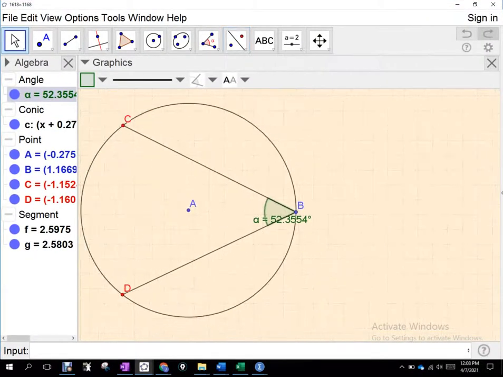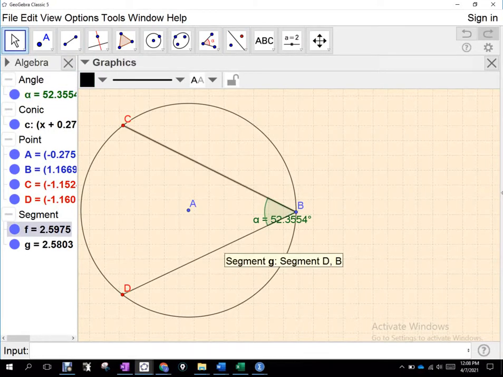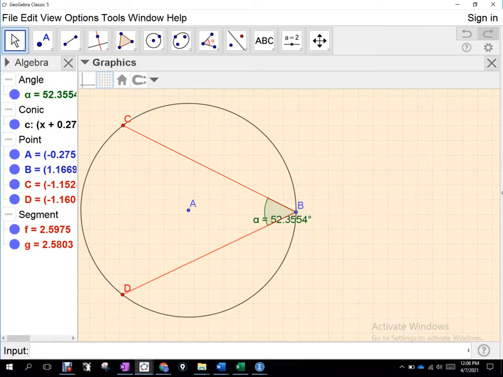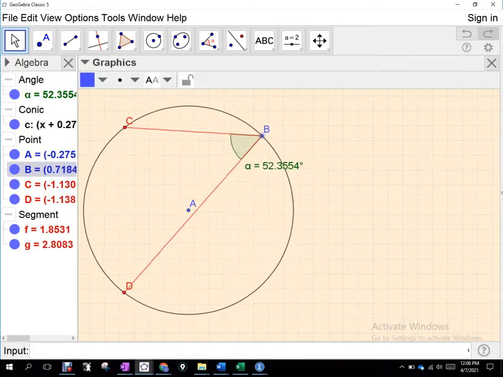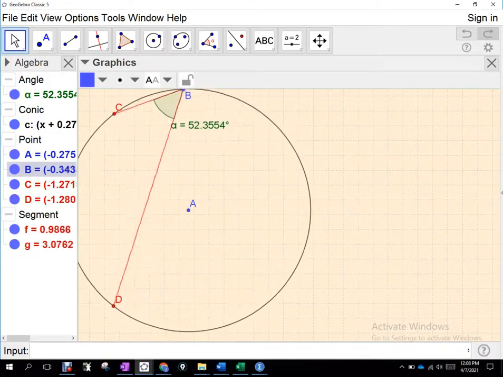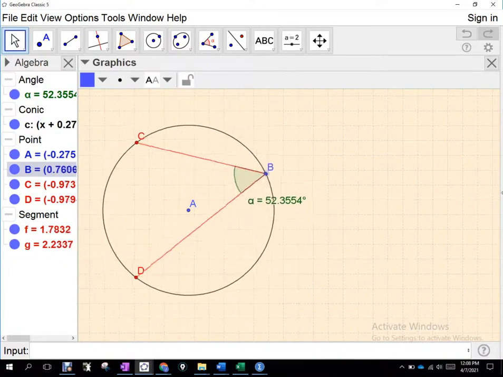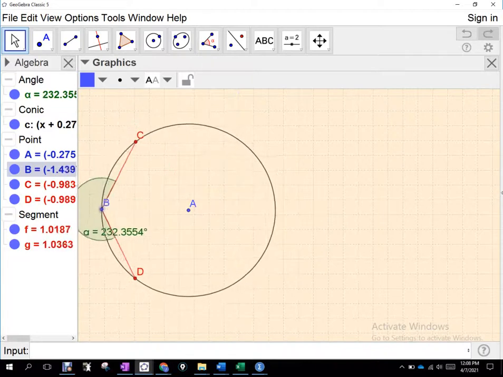All right, so here, just color these segments. Those segments there are chords, and no matter how I move this around, that is an inscribed angle. That green angle is inscribed. I can move it over here.